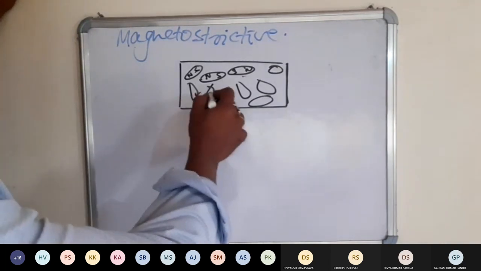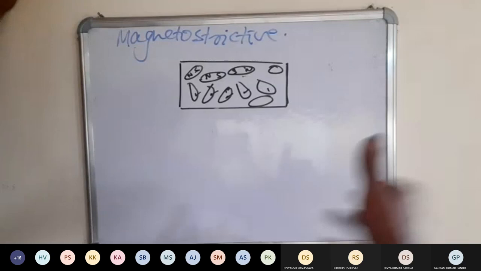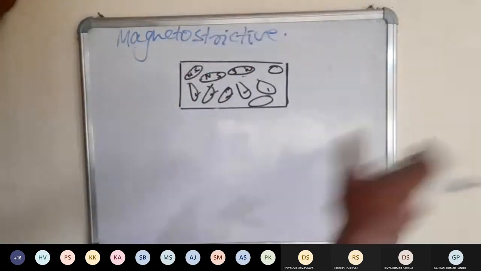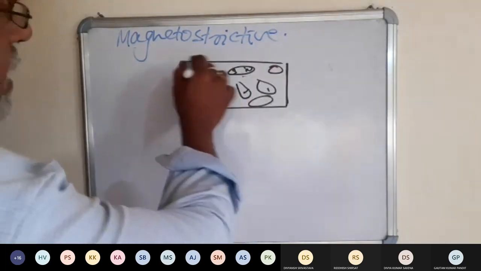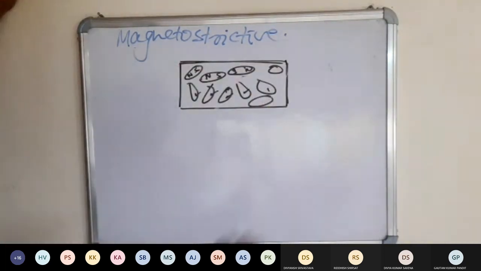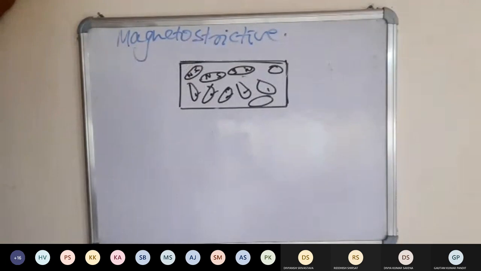But चूंकि वो deranged हैं, सब बिखरे पड़े हुए हैं, किसी का polarity इधर, किसी का उधर. That is why this piece of metal, nickel, cobalt, iron, is not acting like a magnet.